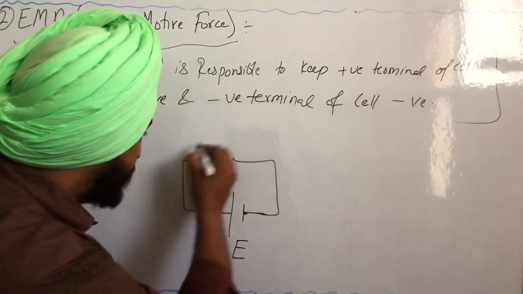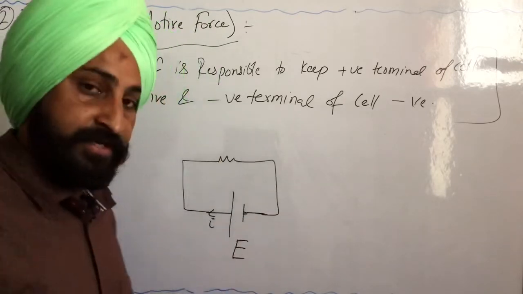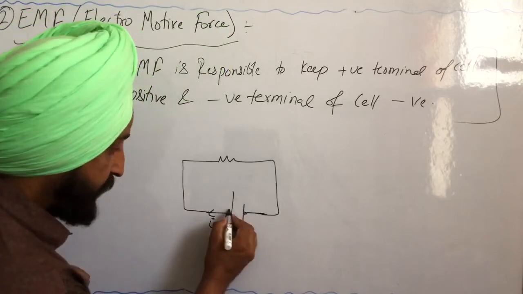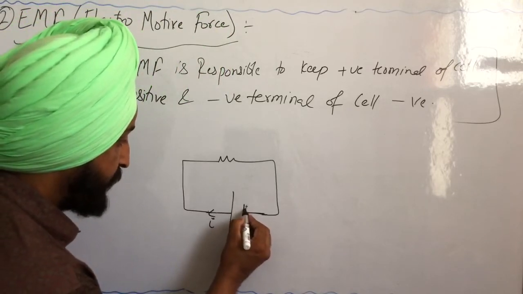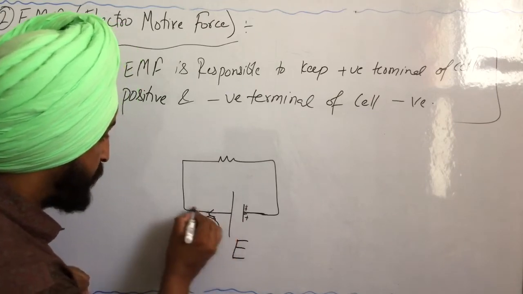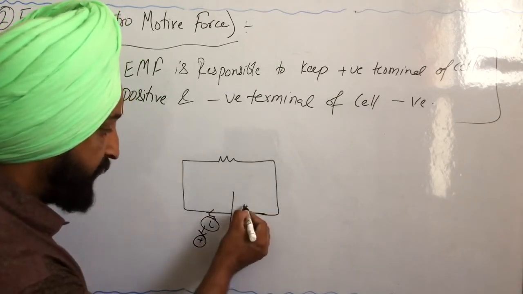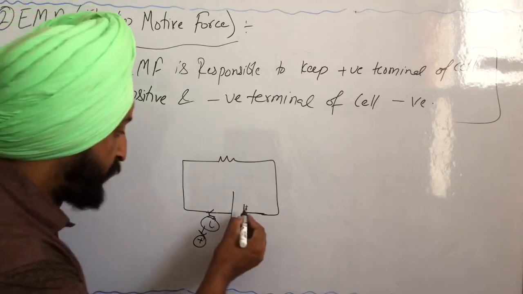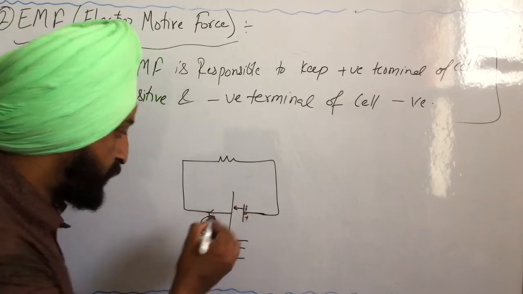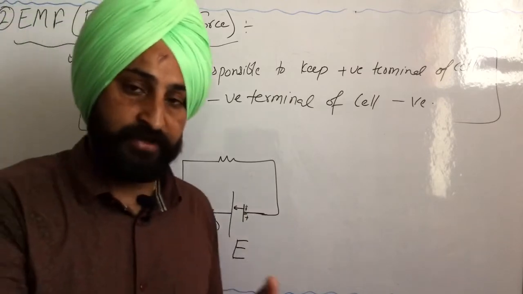So when this positive charge reaches the negative terminal of the battery, you need to carry it to the positive terminal of the battery to keep the potential intact.